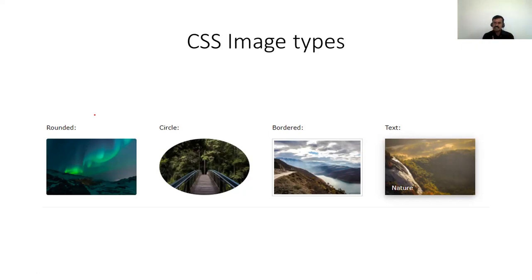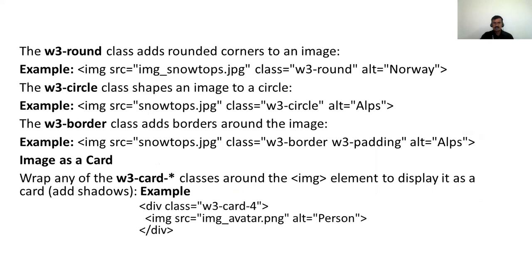To apply the image inside a circle, you can use the circle property. To fix a border size on the image, you can mention the border class. To write text inside the image, you can use the text image properties. These are all the classes available for image types. We can discuss each image type here.